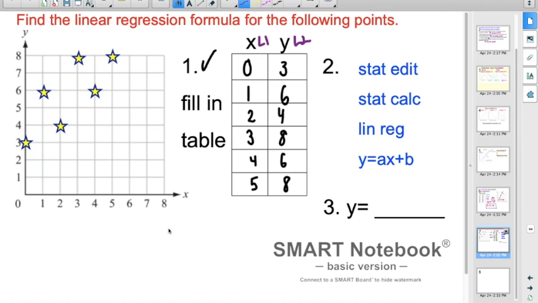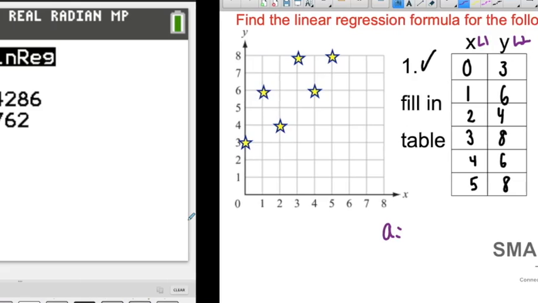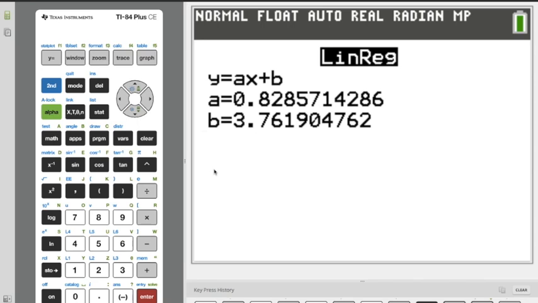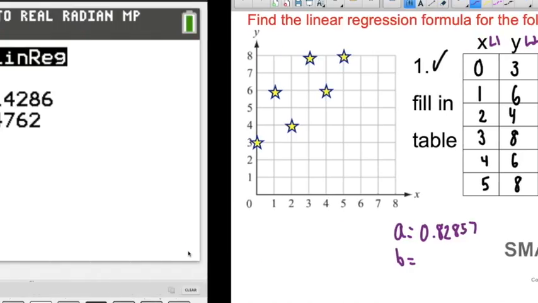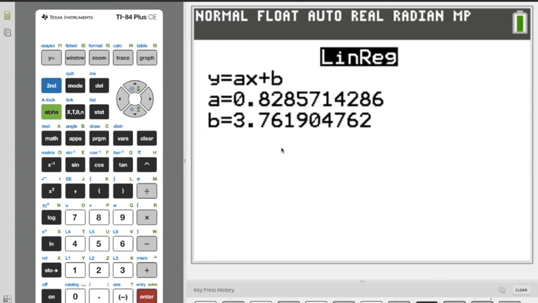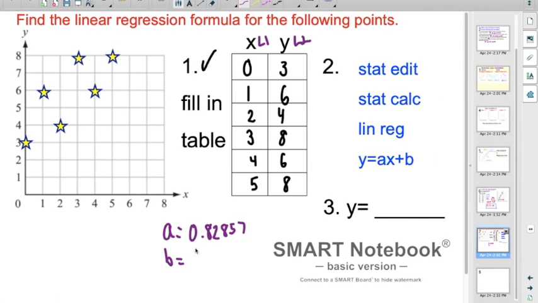Our new a value, our new slope, is 0.82857. Let's just round that. And our b value is 3.76190.